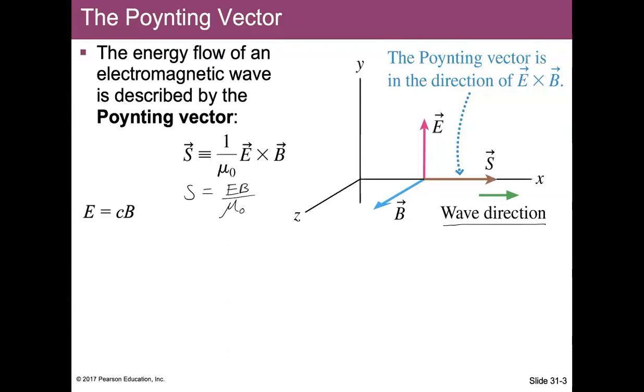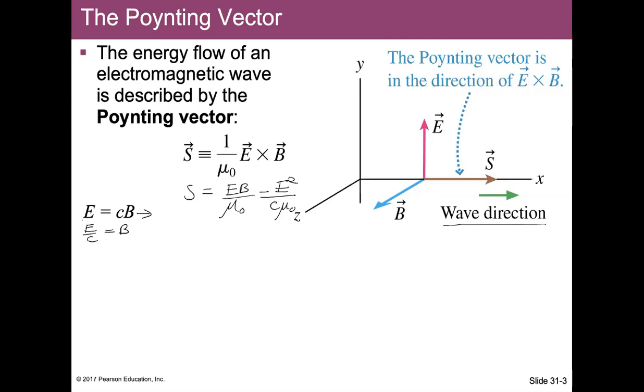Now we remember that E equals cB. So I can divide both sides by c and say that E over c equals B. And putting that in here for B, I can then rewrite S as equal to E squared over c mu naught.